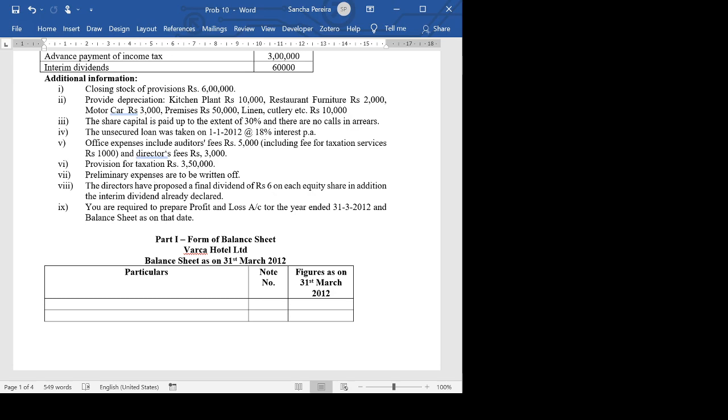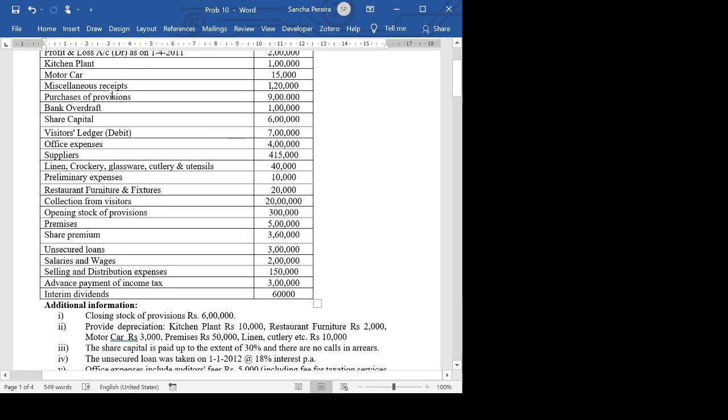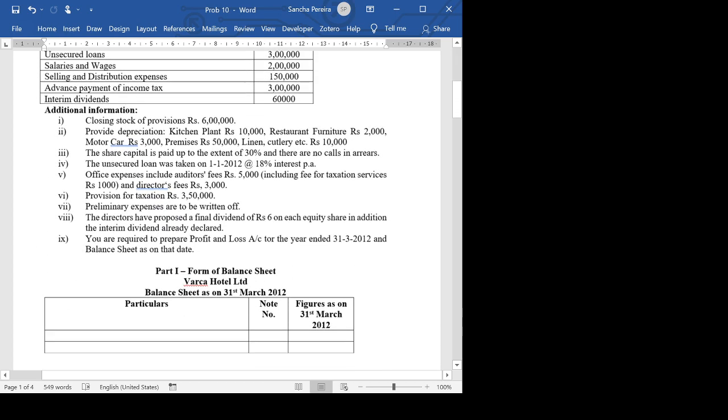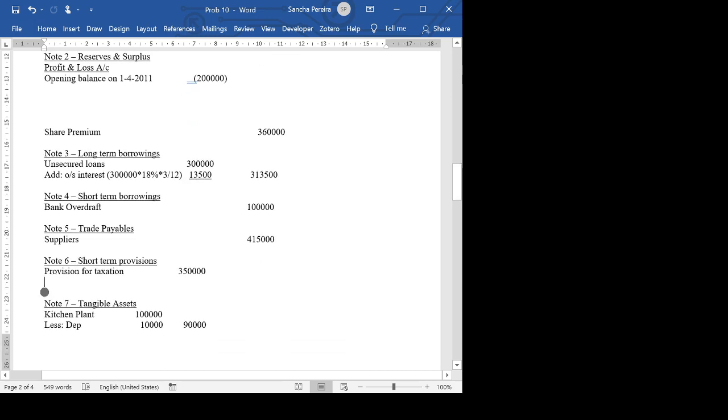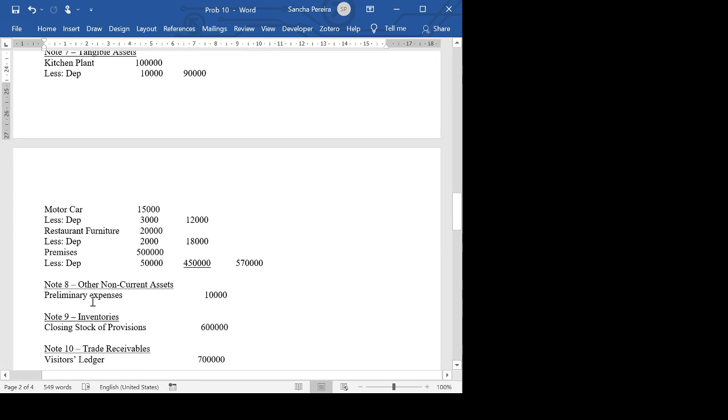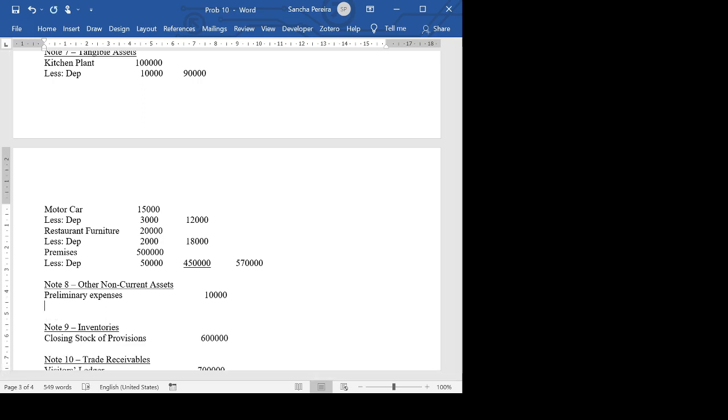So for example, here preliminary expenses are to be written off. We have preliminary expenses of 10,000 here. So what I'm going to do is, in the non-current assets, show this as less written off.